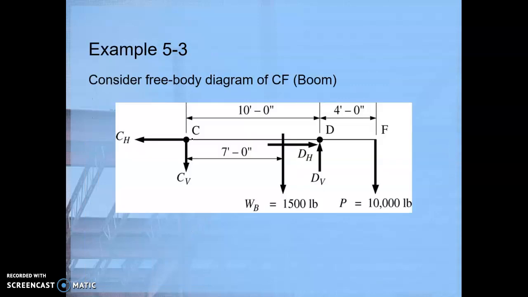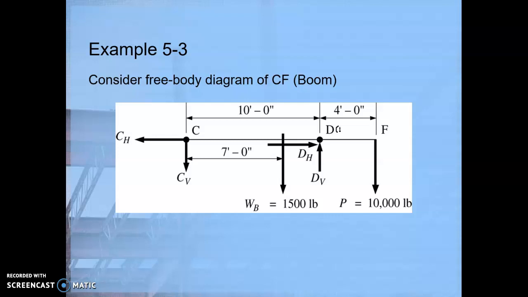So what we need to do when we do a frame analysis is isolate that one structural member, the boom, that one horizontal member that was 14 feet long, and draw a free body diagram of it, which is what we have here. And we need to label all of the forces. We had a 10,000-pound externally applied force. Then we have the reaction forces, the pin.